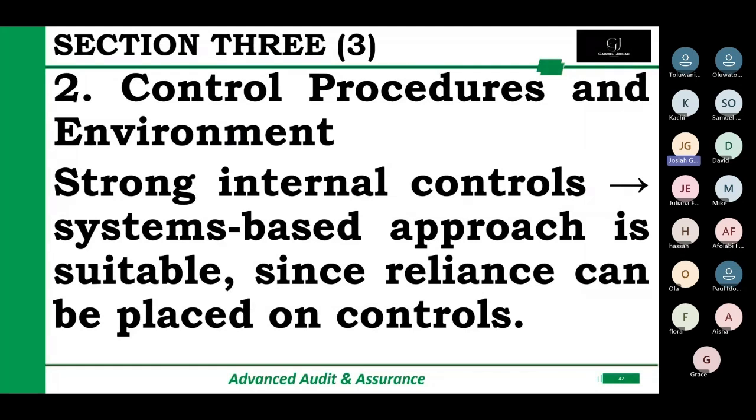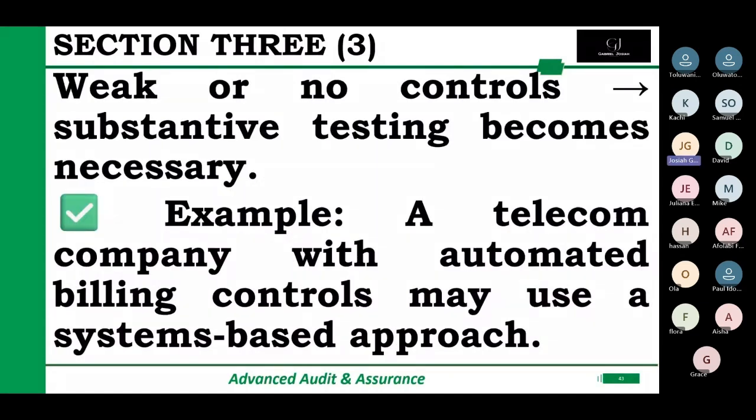This is suitable because you can place your reliance and comfort on those controls. So the control procedure and environment is also a factor to consider which approach should be employed for that audit. And where you have no controls or weak controls, the substantive testing approach becomes very necessary.